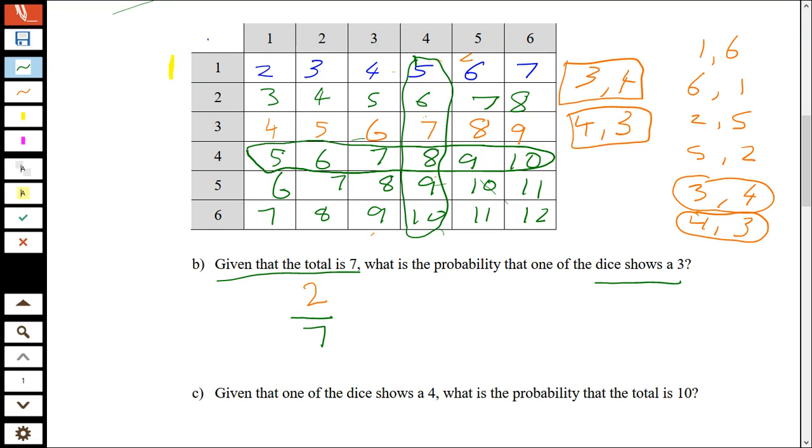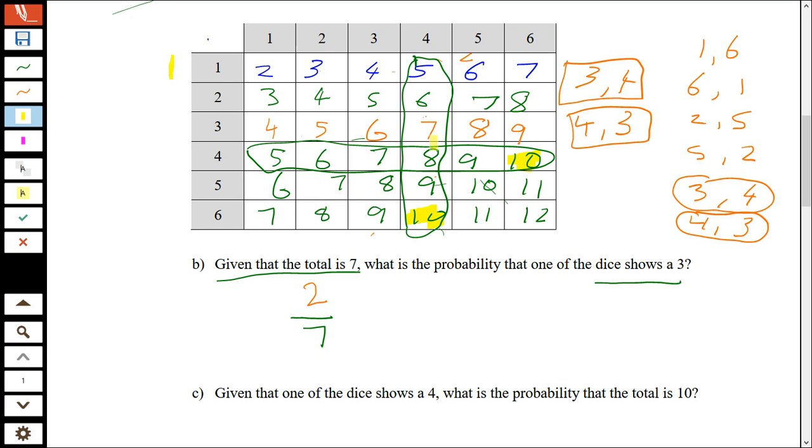Okay, so given that one of the dice shows a 4, what is the probability that total is 10? Okay, so let's have a look at that. We just got to look at all the ones with 10. Okay, now, well, there's a 10 there, and there's a 10 there.